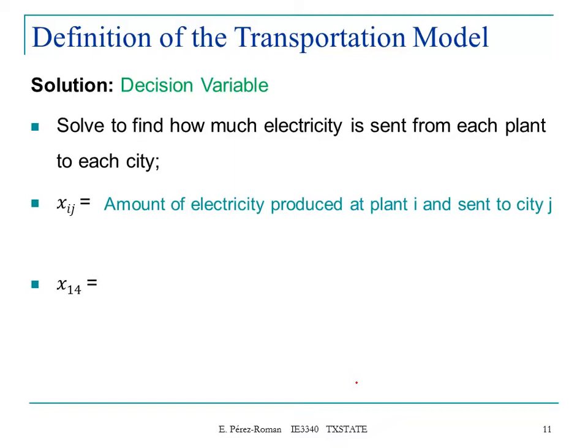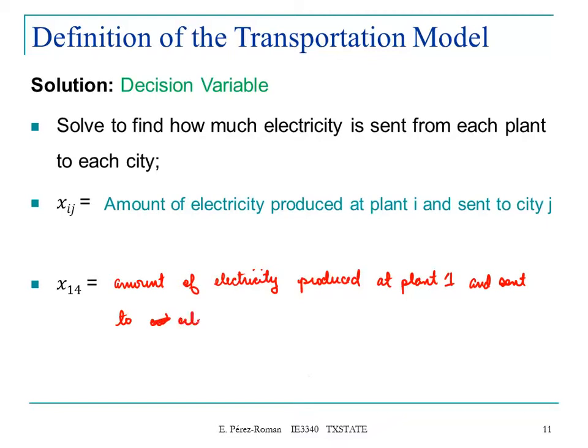So if you have x14, that means that your decision variable is the amount of electricity produced at plant 1 and sent to city 4. Okay, does that make sense?